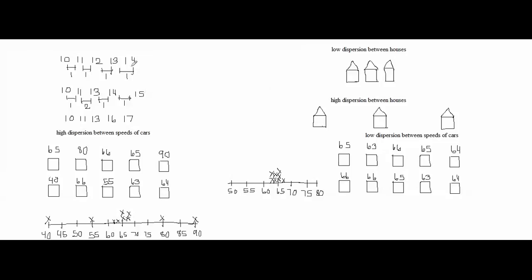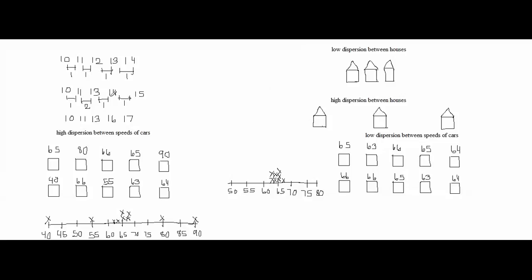This list has more dispersion than this list, and this list has more dispersion than this list. Now, if we wanted to measure the dispersion, we would want to calculate some value that could actually show that this set of numbers has the lowest dispersion, and this set of numbers has the highest dispersion, and that this list has a dispersion in between, or you could say a medium amount of dispersion.